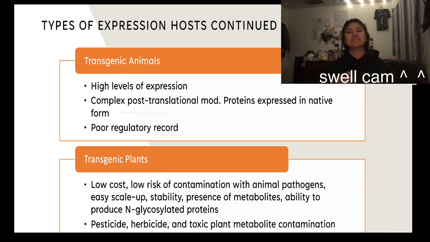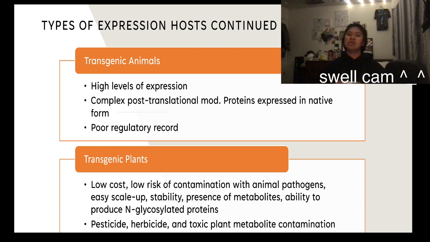But since it's so novel, it has a poor regulatory record with the FDA as of right now, and they're also more costly as you are dealing with a whole animal rather than just a unicellular organism. And as well, with it being a transgenic animal, it has a longer timeline, which can take months to years, depending on which animal you're using.